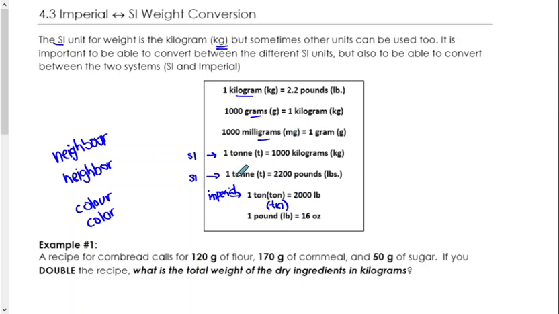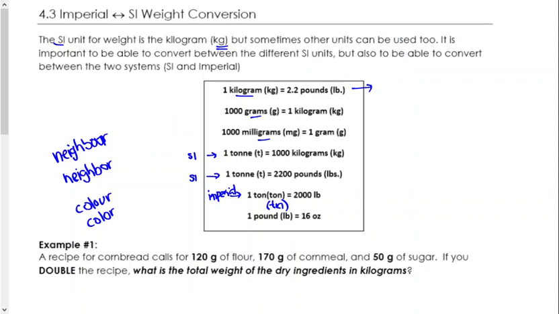Okay, so here we have a bunch of different conversions. So our main one is going to be 1 kilogram is 22 pounds. So we'll, sorry, not 22 pounds, 2.2 pounds. Wow, that would be intense. Okay, so 1 kilogram is about 2.2 pounds. So your weight in kilograms is going to be about half your weight in pounds plus a little bit more.